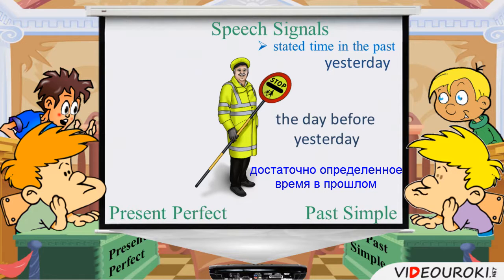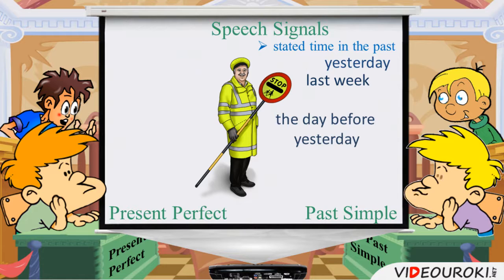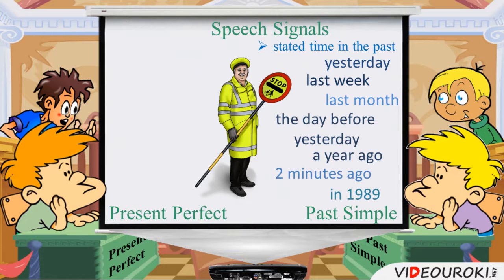The day before yesterday – позавчера. Last week – на прошлой неделе. Last month – в прошлом месяце. A year ago – год назад. 2 minutes ago – 2 минуты назад. In 1989 – в 1989 году, то есть год, который уже закончился.